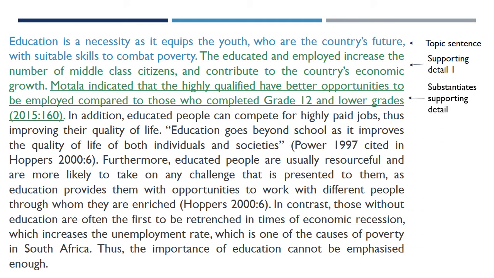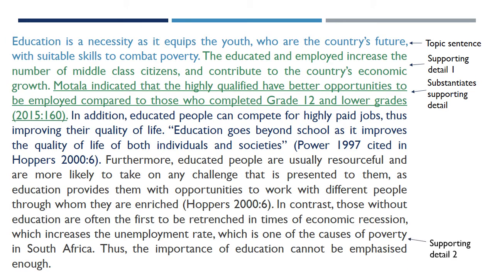The second part of the supporting detail 1 kind of backs up or substantiates the supporting detail. And this writer has done this by paraphrasing the words of Mutala and referencing Mutala to prove that this position or this statement is correct.